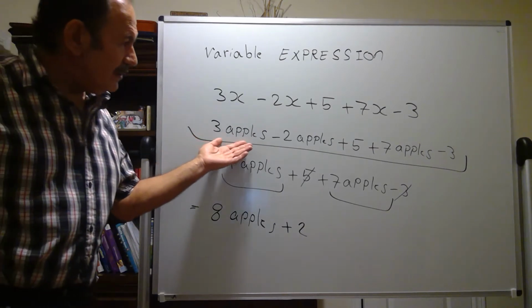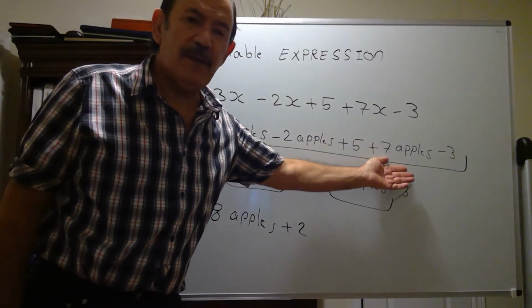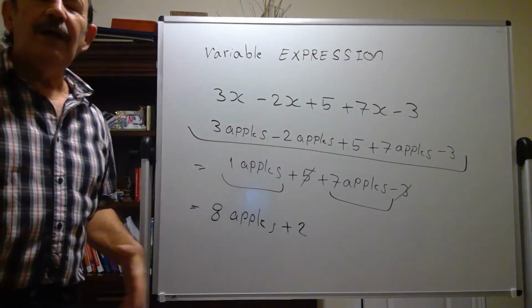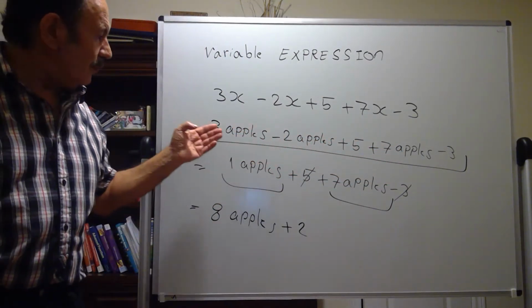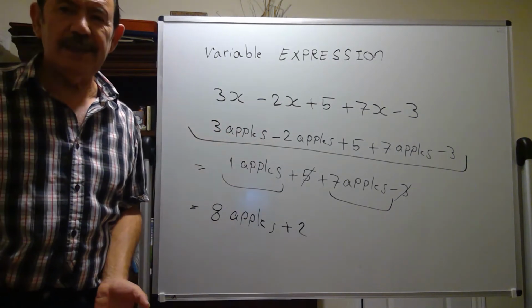What is the name of these 3 apples and these negative 2 apples and these 7 apples? All are the same thing, but only with different coefficients. We call them like terms.